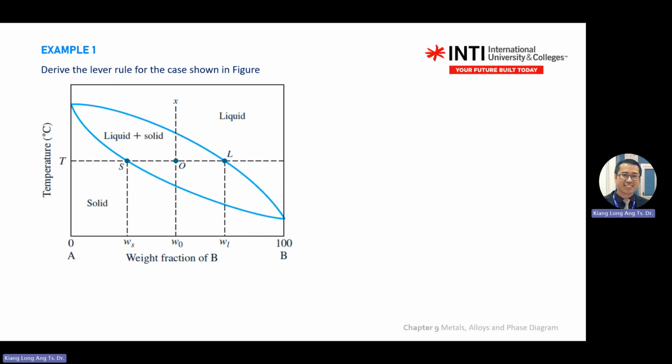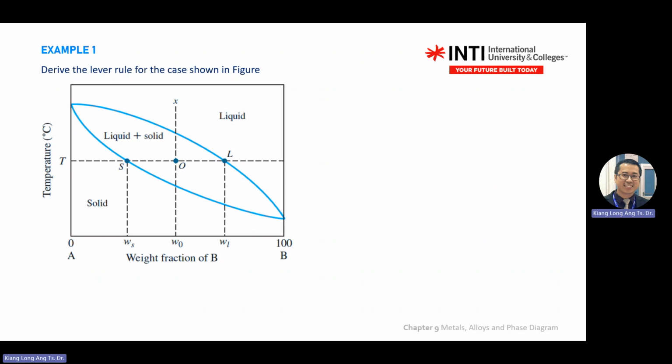So you write SO. Then you tell the examiner what are the points that you refer to on the graph. How do you get SO? You're not taking LS minus LO because you get a negative number. You take WO minus WS.